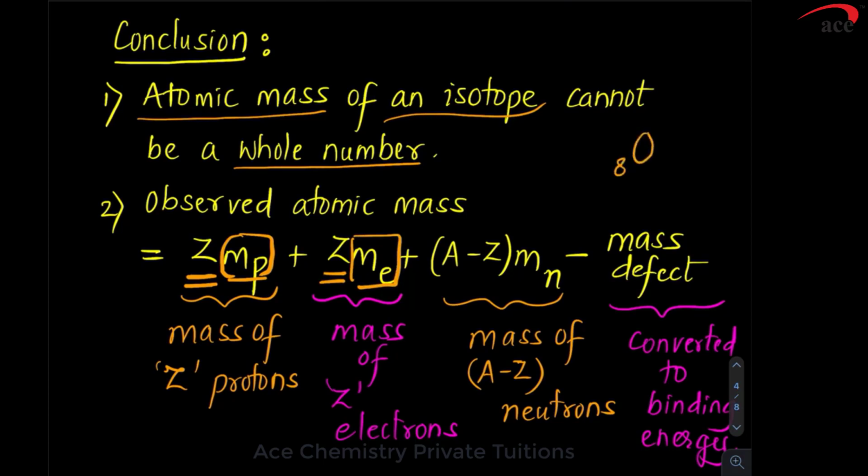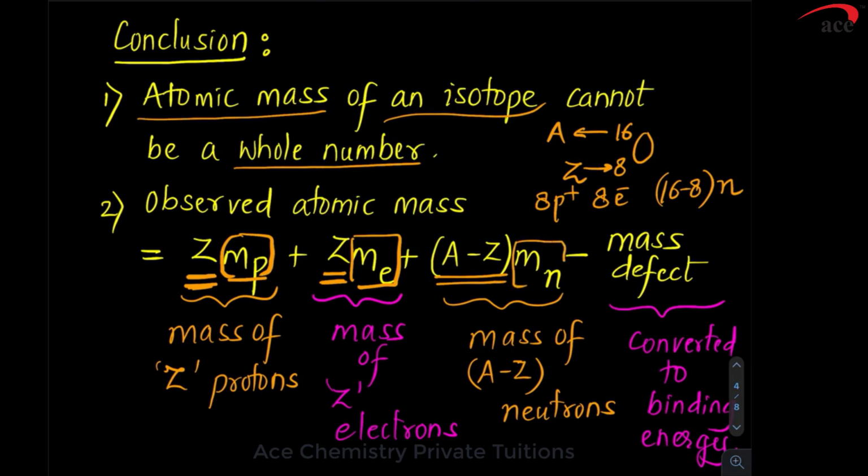If you take oxygen as 8-16, this number is called as Z, and this number is called as A. And 8 protons are present, 8 electrons are present, 16 minus 8 neutrons are present. So Z is the number of protons, Z is also the number of electrons, A minus Z is the number of neutrons, Mn is mass of one neutron.